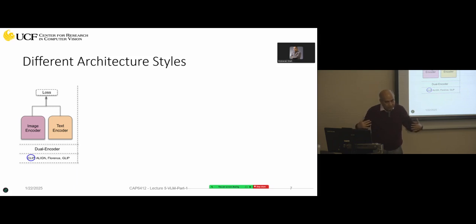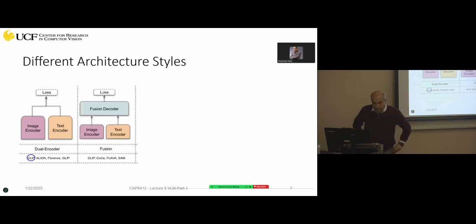What are the features? Because the image is just numbers, audio is just numbers. But what are the semantic features, the important information which we want to extract? That's also called embedding, representation, and so on. Then there's another version, which is a fusion, where we take the image encoder and text encoder, we fuse them, and then we have a decoder, and we get output. CoCa is one of the examples, FLAVA is another example.